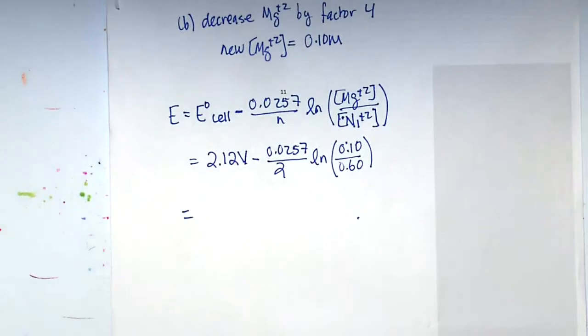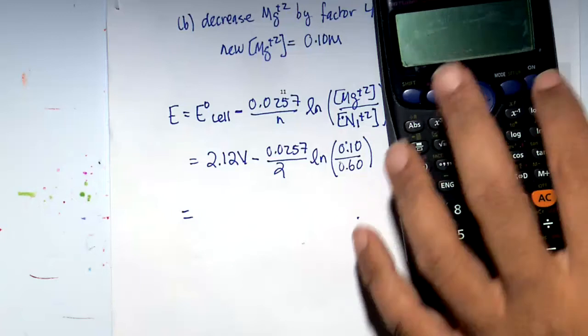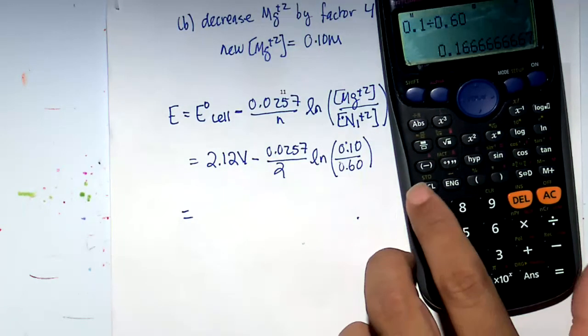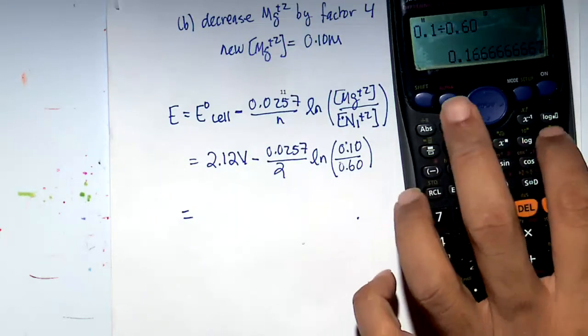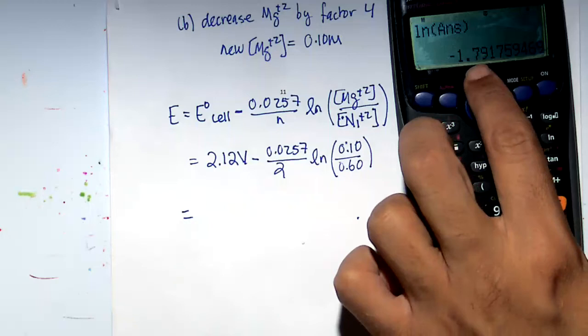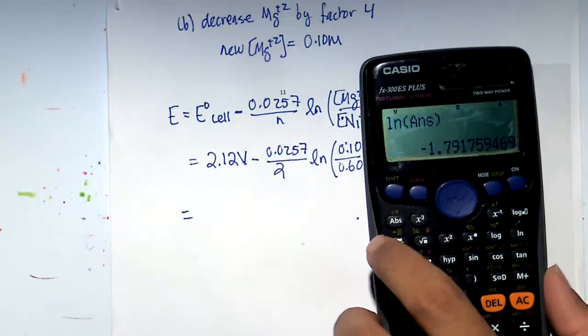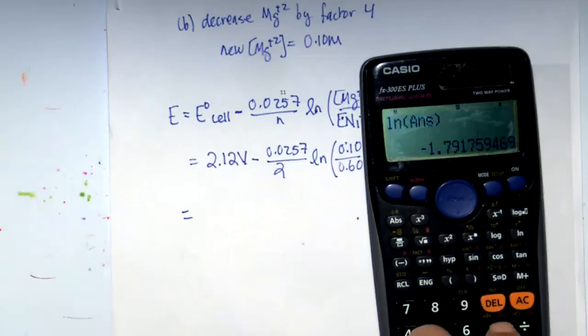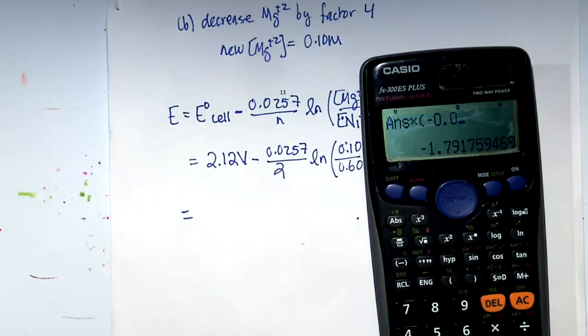All right, so 0.1 divided by 0.6 is 0.1667. We'll take the natural log of that, minus. So the minus times a minus 0.0257. Okay, this math can get tricky. This minus times a minus 0.0257, it'll be a positive.